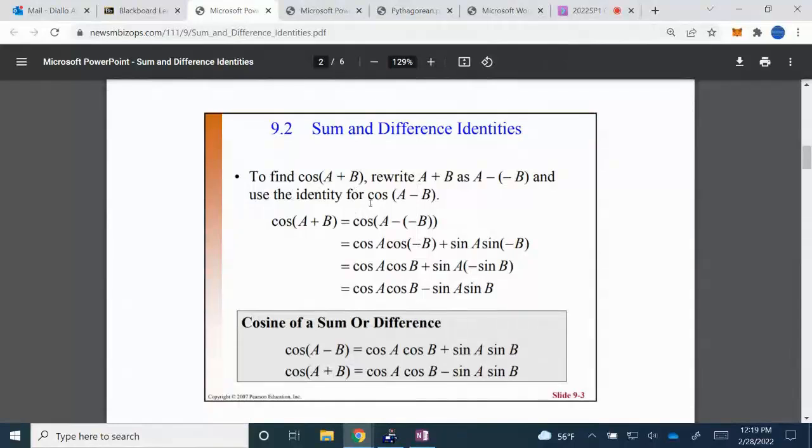I'm going to bypass how these are derived, and we're simply going to concentrate on the formulas and how to use them.